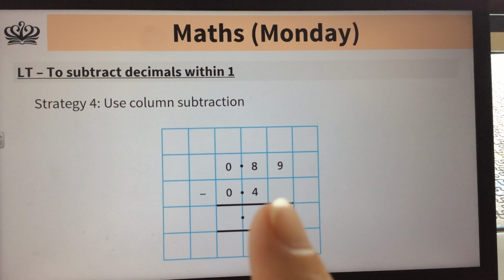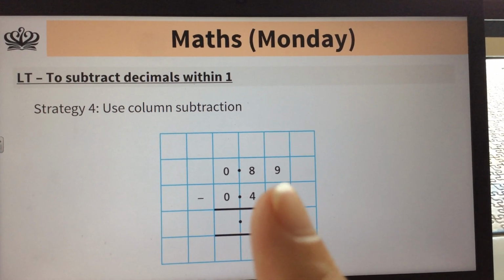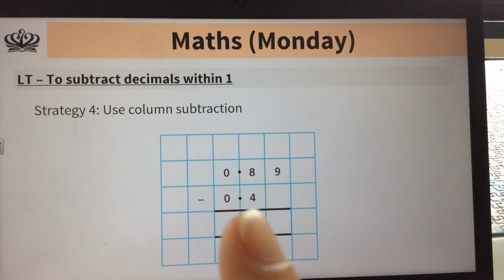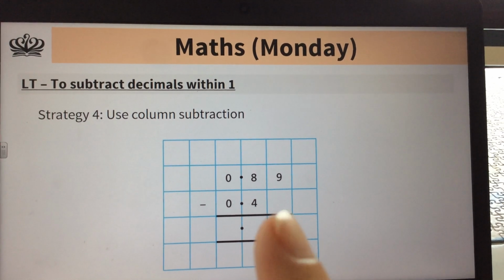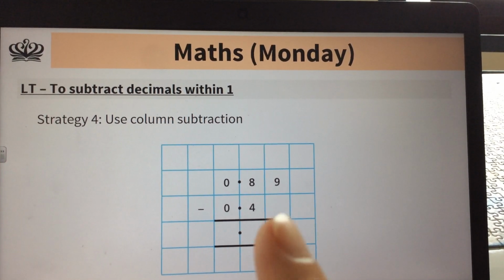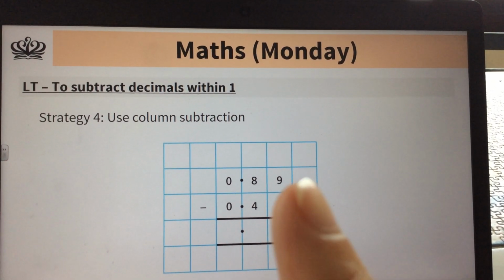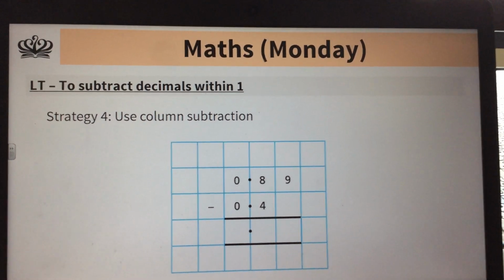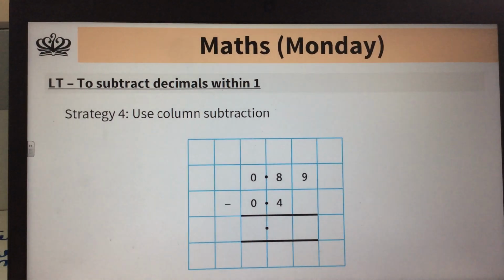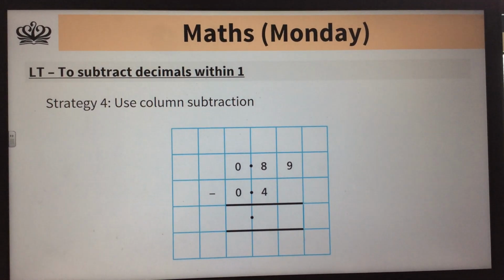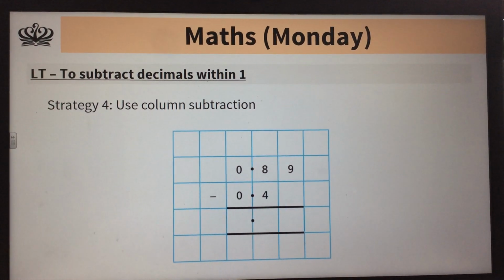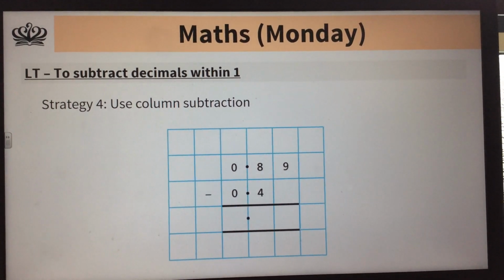And it might be worth putting a 0 in as a placeholder. So I would put this as 0.40. It's the same number, and it doesn't change the number, but it would just help to make sure that you're not getting confused doing your 9 hundredths subtract 0. Okay, so laying it out as neatly as that, just like you've been doing in your books at school, will be really important.